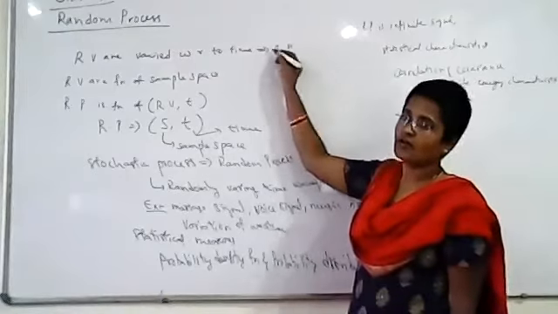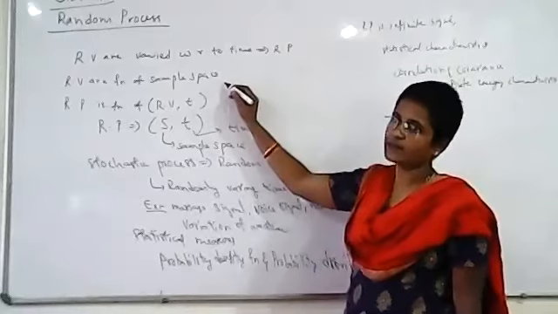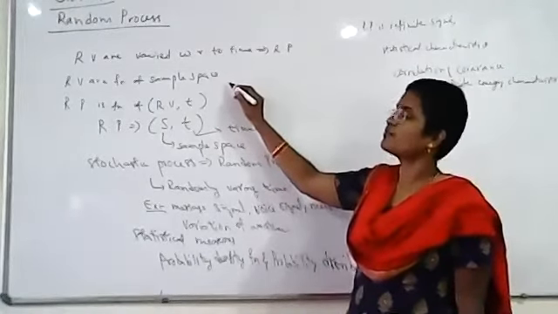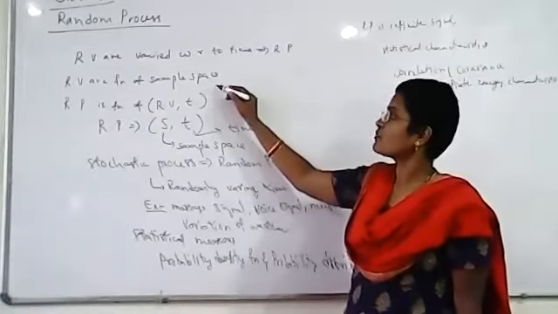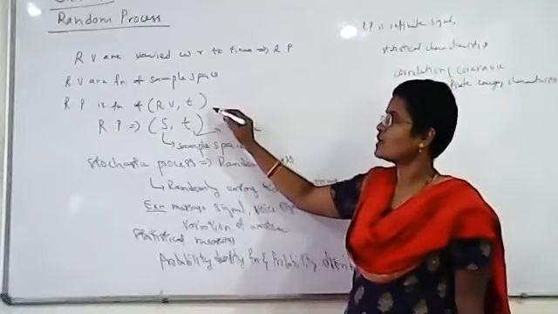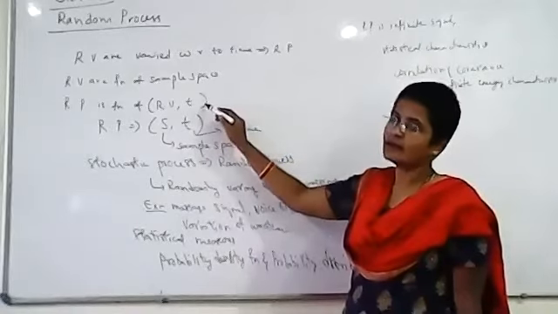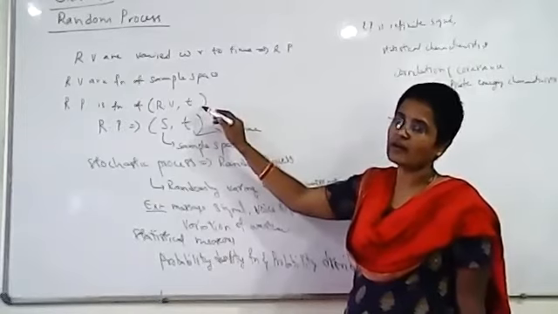Random variables are functions of sample space, because the possible outcomes of an experiment are called random variables. Random process is a function of both random variable and time. If the random variable is varying with respect to time, then it is called random process.